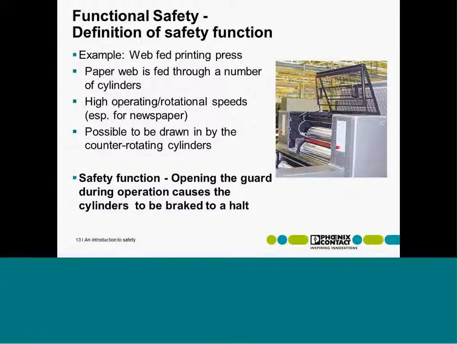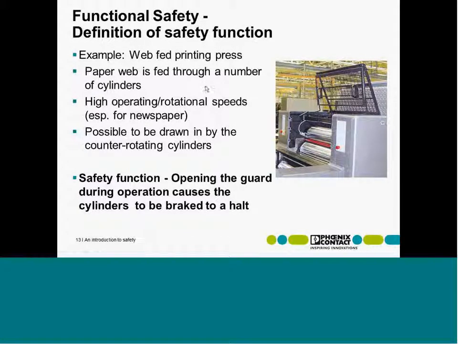Here is an example from a so-called web-fed print press, which prints newspapers, for example. You can see here a drawing-in point, where rotating and counter-rotating cylinders make it possible for the operator to be drawn in. Of course, it might be a very dangerous situation for the operator. These cylinders are moving at very high rotational speed.